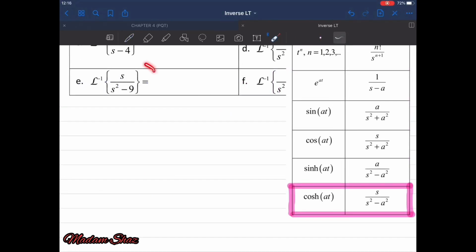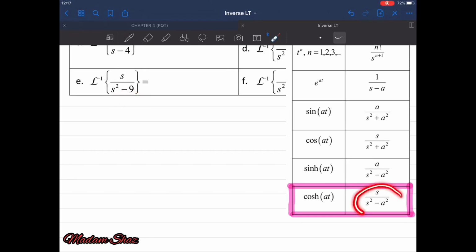Now let us continue with example E: Laplace inverse of s over s squared minus 9. You have to refer to the table of the Laplace transform, where you have s with the power 1 at the upper side, divided by s to the power of 2 minus a number at the back.